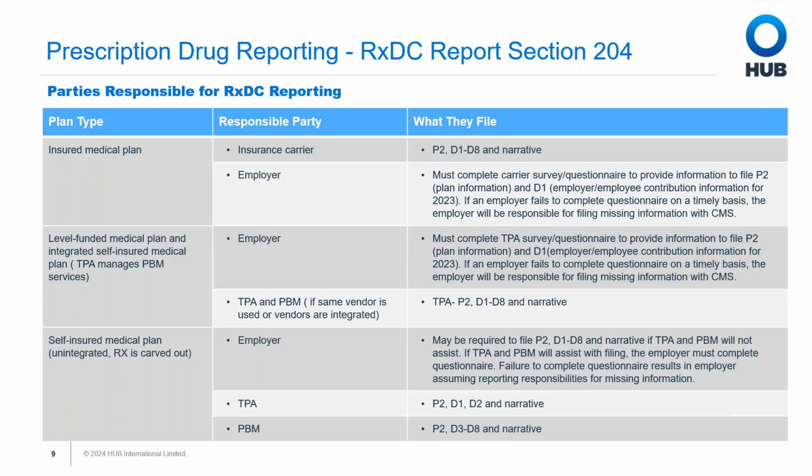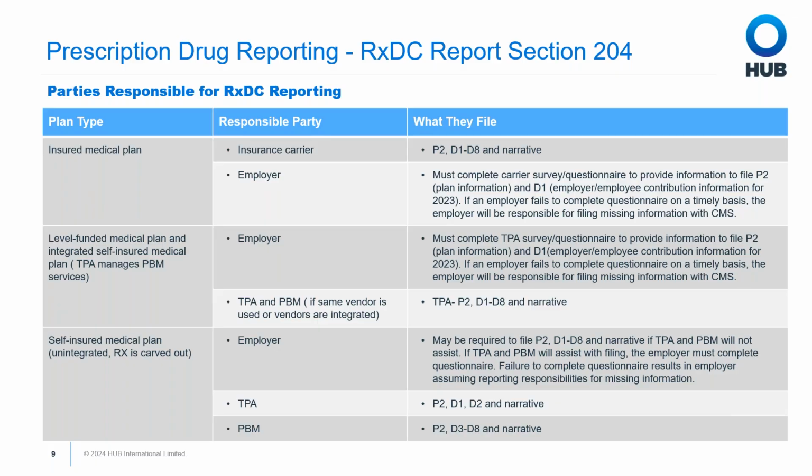This would include member and employee contribution or member contribution information for 2023. If you fail to comply with the reporting requirements, as I noted earlier, the carrier may require that you file that information that is missing directly with CMS, or you may contract with a third party to file on your behalf. If the plan is level funded or self-insured, and it's an integrated self-insured medical plan, meaning that the TPA also manages the network and the PBM services, the TPA most likely will be sending a survey or questionnaire that the employer will be required to complete.